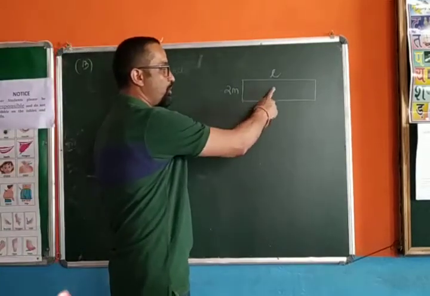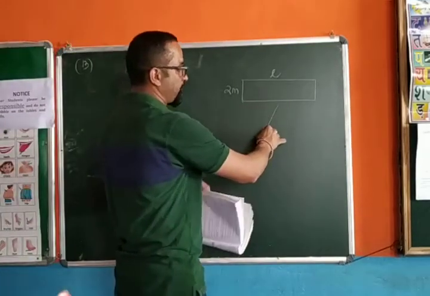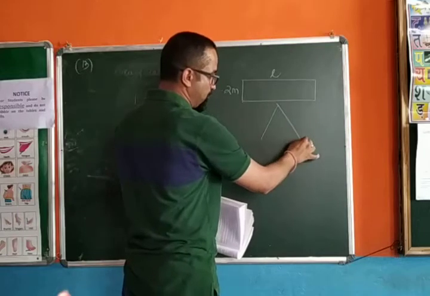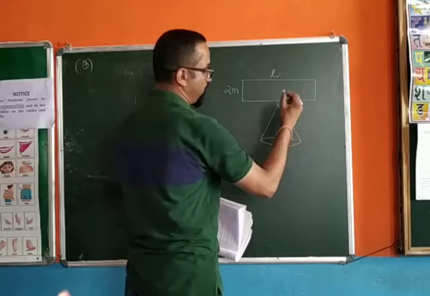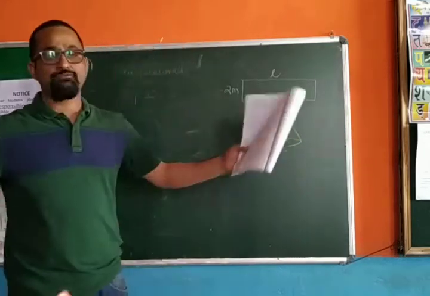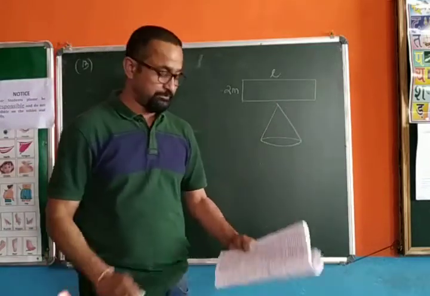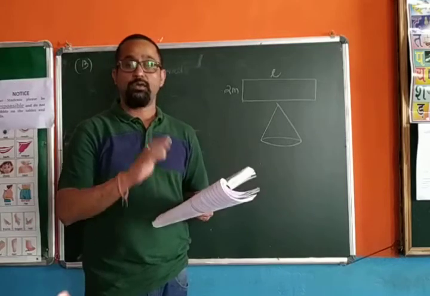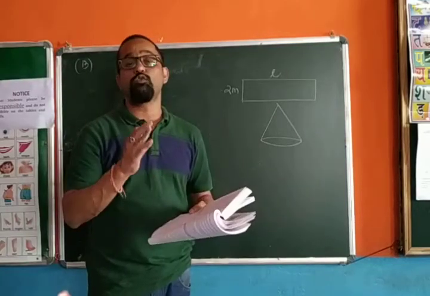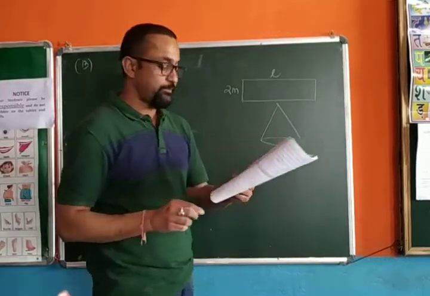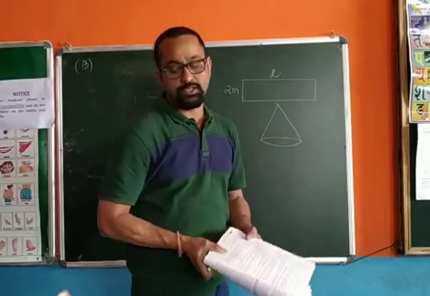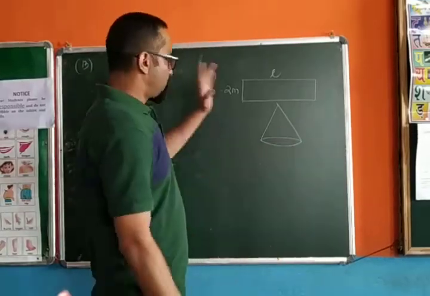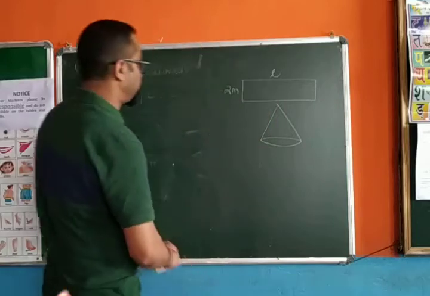So this cloth is folded and stitched such that you get a cone. You need to find the length of the canvas, and there is a condition given in the question: allow 10% for the folds and stitching. Also find the cost of the canvas. So see how we solve it.